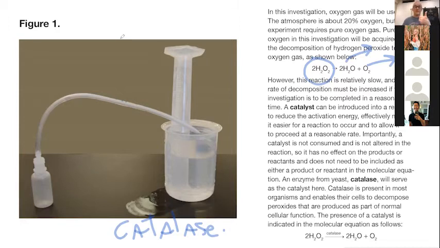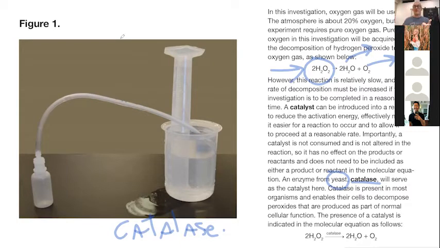So one organism that does have this enzyme, I mean, you have this enzyme in you, another organism that has it is yeast. So what we're going to do is take a little bit of yeast and introduce it to some hydrogen peroxide, and then it should pretty much instantaneously turn it into water and oxygen.